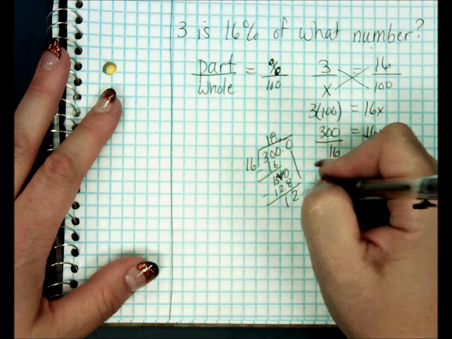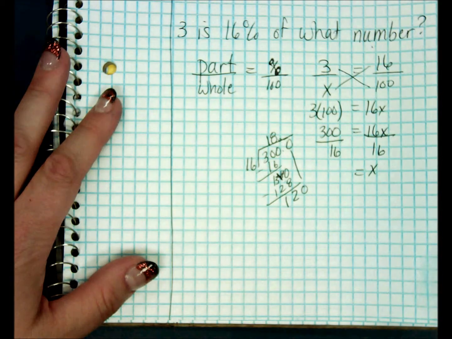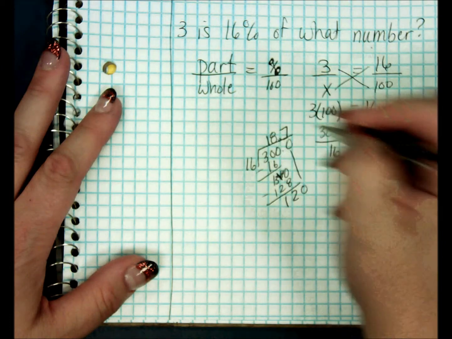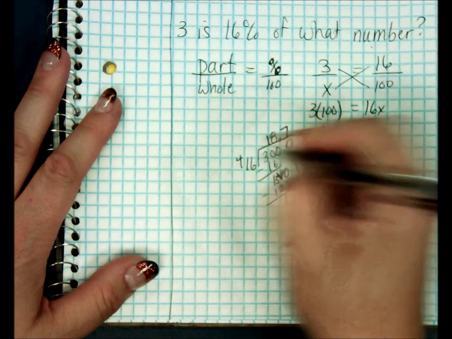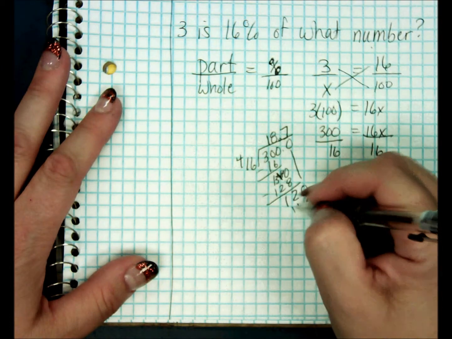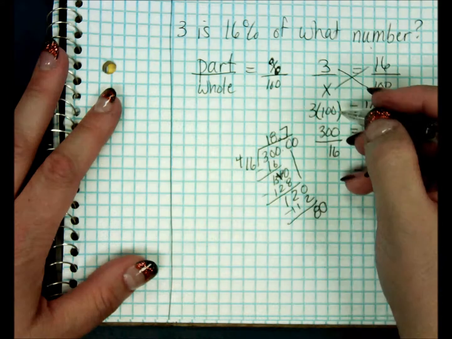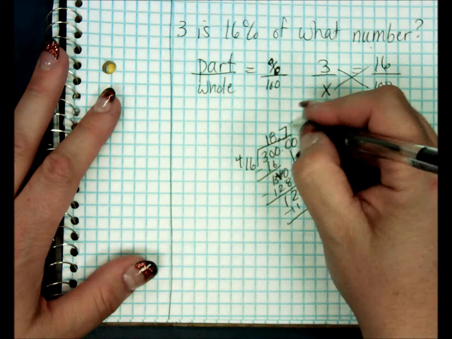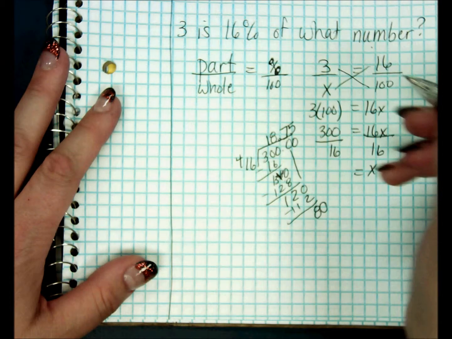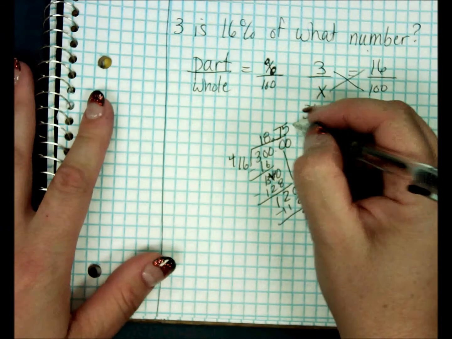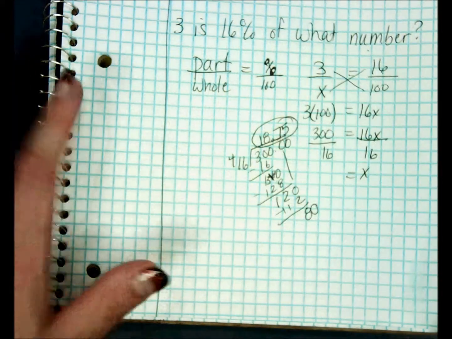Bring down that 0. 16 goes into 80 5 times. So we're looking at the answer being 18.75. That's how many you started with.